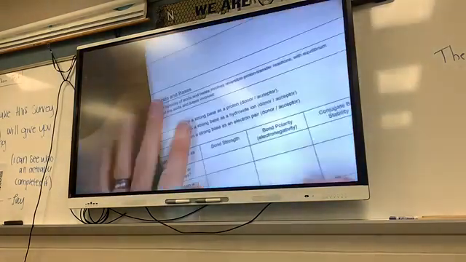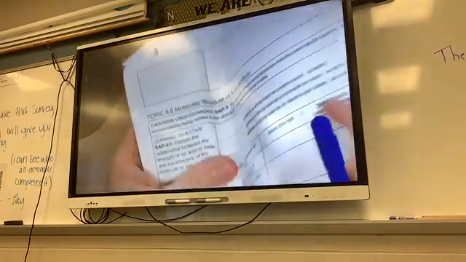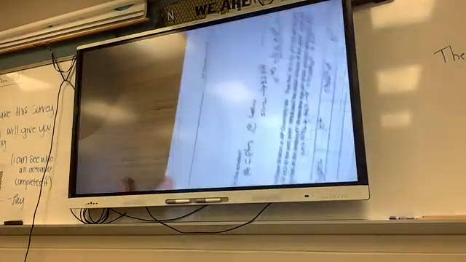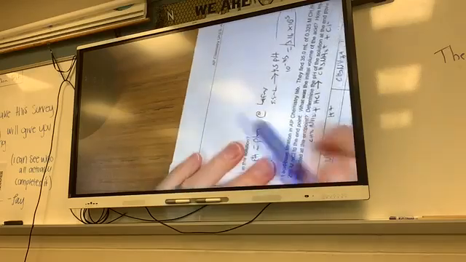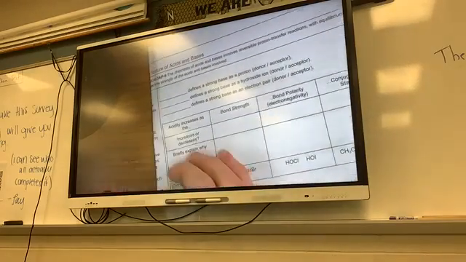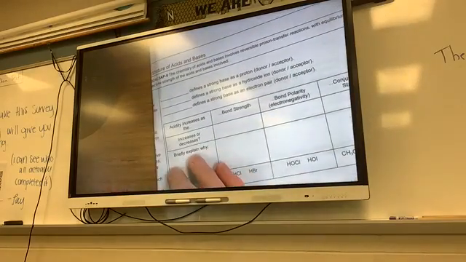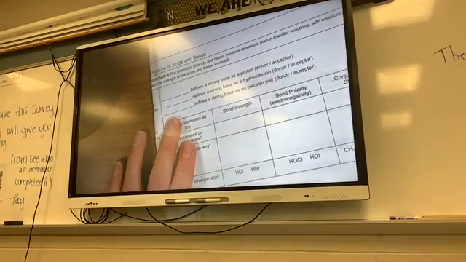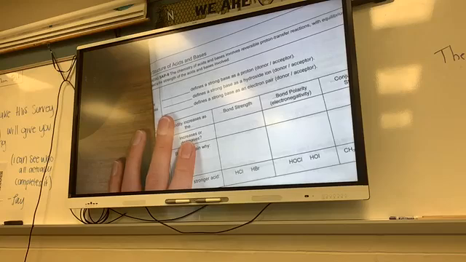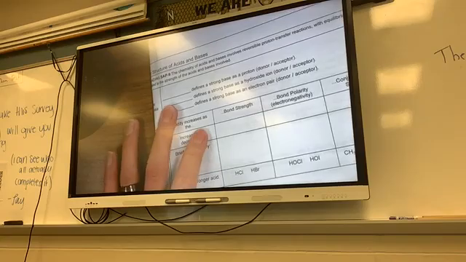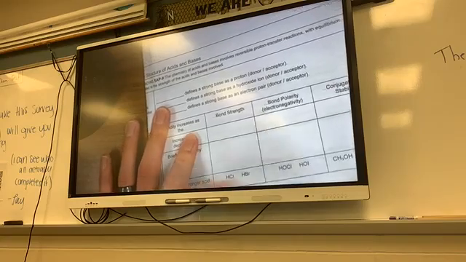Okay, 8.6. So we are at molecular structure. Blank defines a strong base as a proton acceptor: Bronsted-Lowry, Arrhenius, or Lewis?